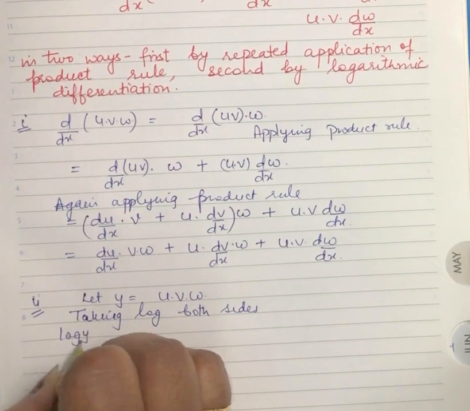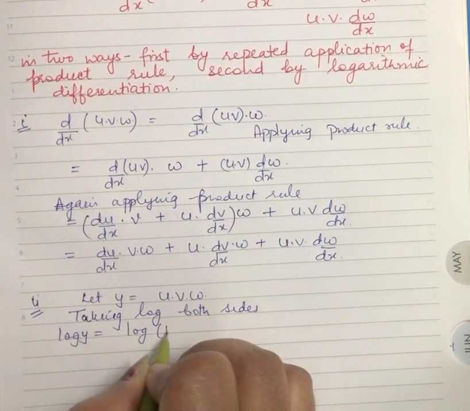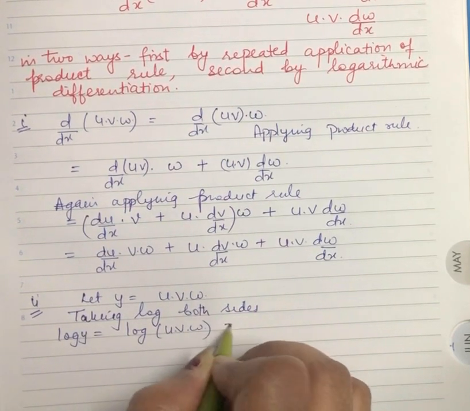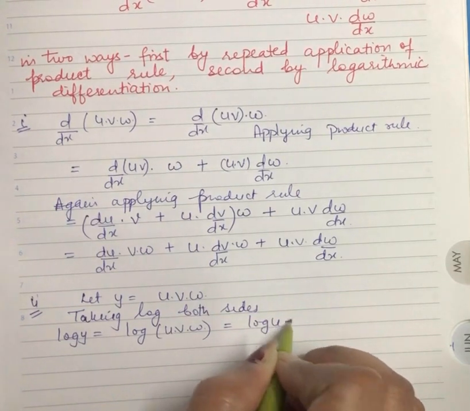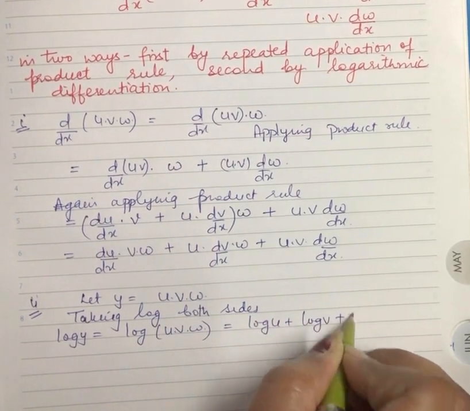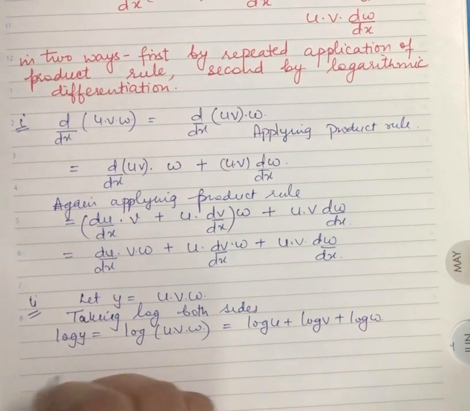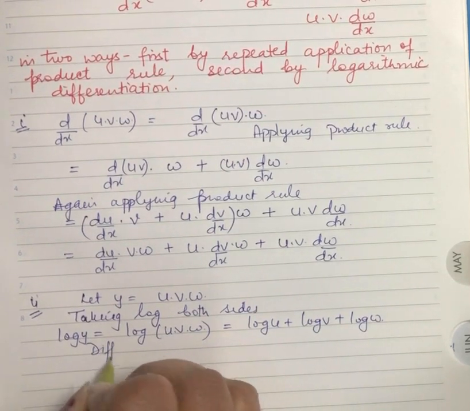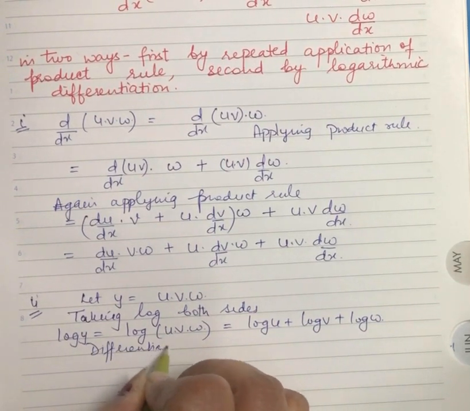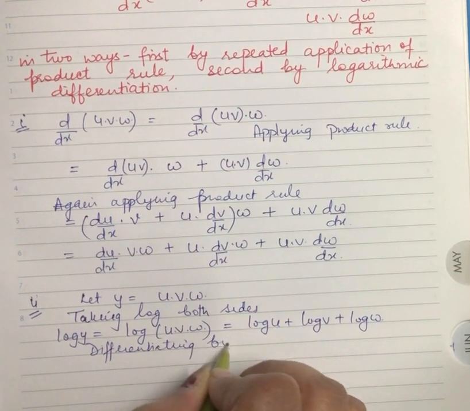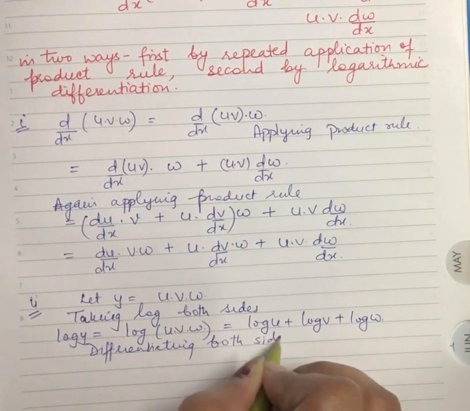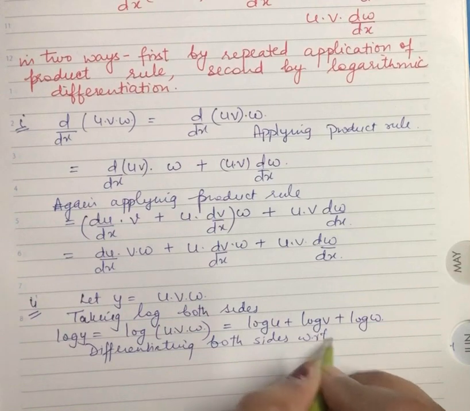Log y equal to log of u into v into w, which can be written as log u plus log v plus log w. Now differentiating both sides with respect to x, what we get?